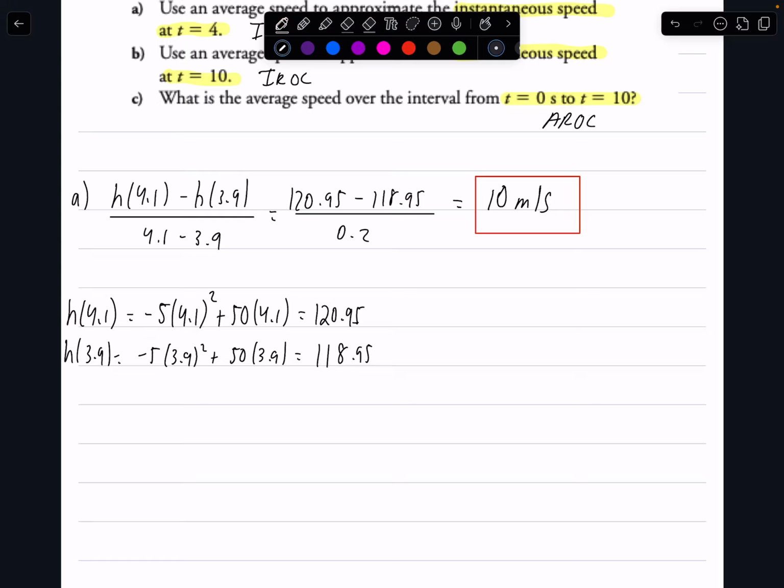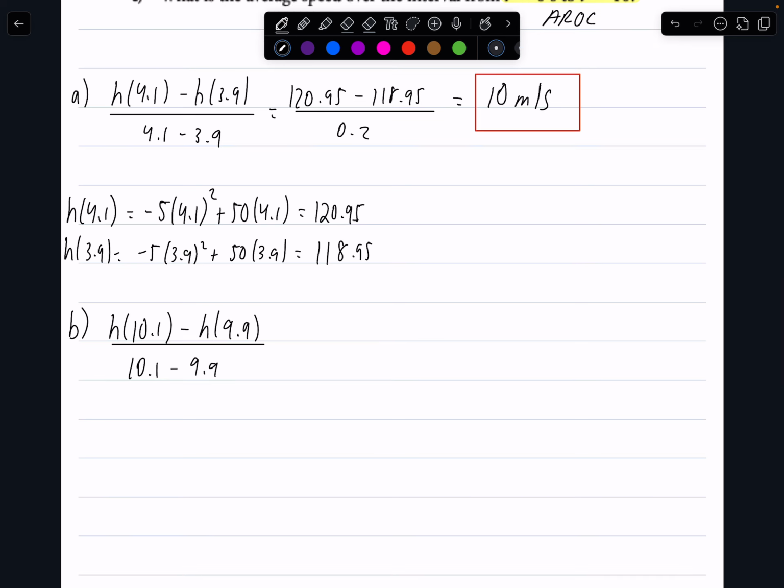Cool. Let's look at part B. So part B, we're just doing the same thing, but we're doing it with 10 now. So here we're going to take 10.1 and 9.9. And this is why I love the centered interval method, because you just take it on the right and the left side of it.